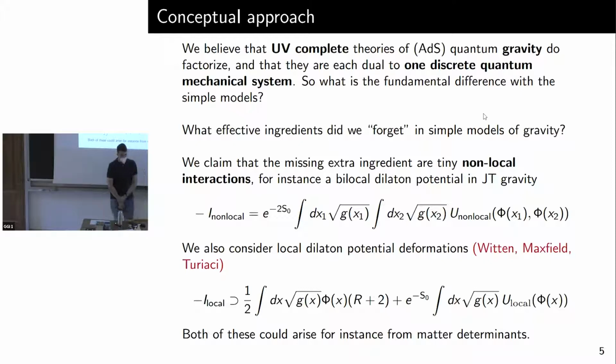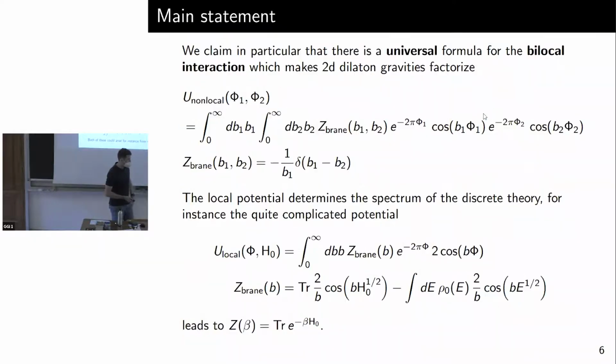And the idea is that those could arise by integrating out matter determinants. For instance, the matter loops that Jeffers and Kolkmeier and Sonner and Bauer are considering would give rise to these types of bilocal interactions. So the idea is that integrating out matter could give rise to these terms and could explain factorization.